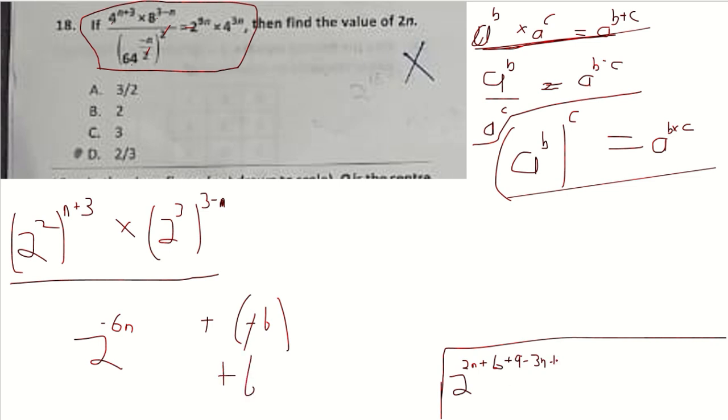So this will be plus 6n. Now when we solve this, it comes out to be 2 power 15 plus 5n is equal to 2 power 9n, the picture may not be very clear, but it's 9n, and this is 3n.